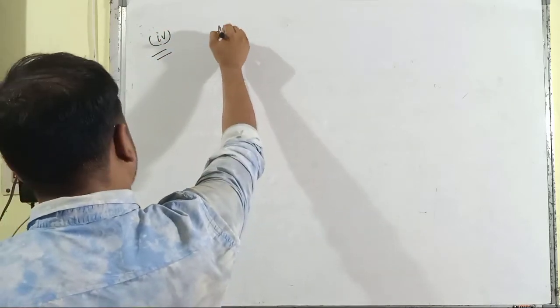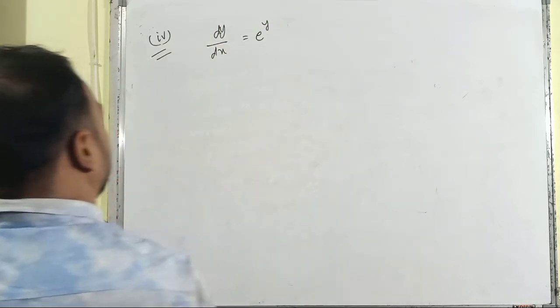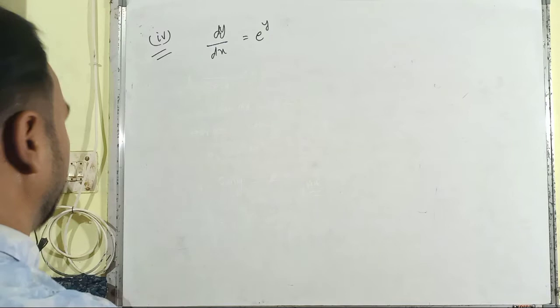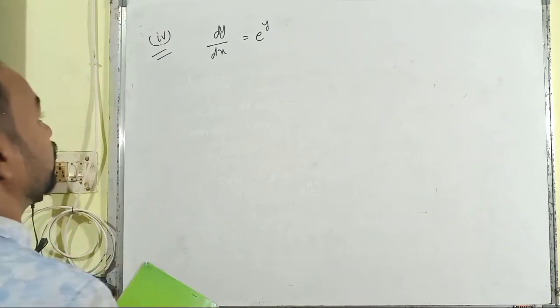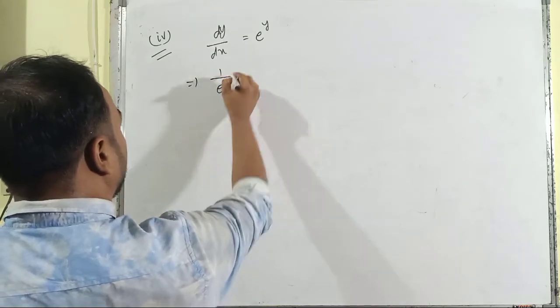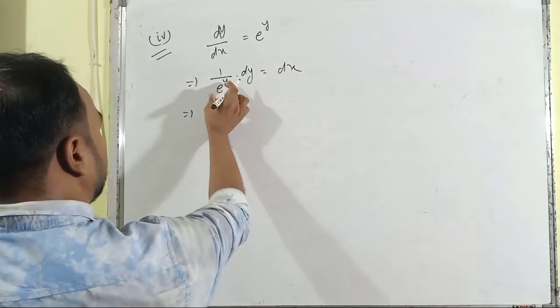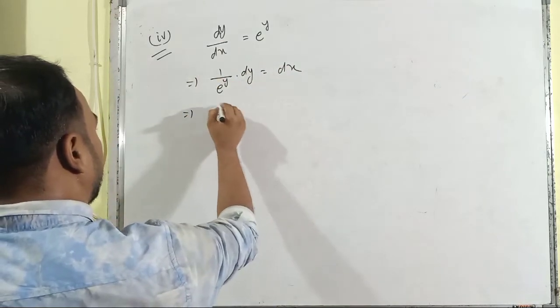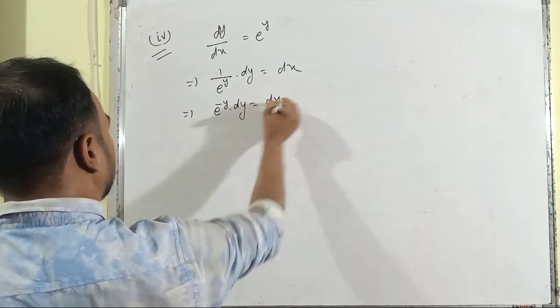It is given that dy upon dx is e to the power y. So 1 upon e to the power y dy is equal to dx. Then shifting this term towards the numerator, we have e to the power minus y dy is equal to dx.